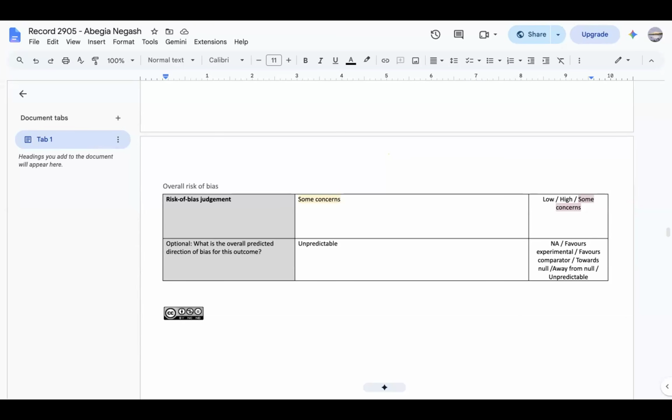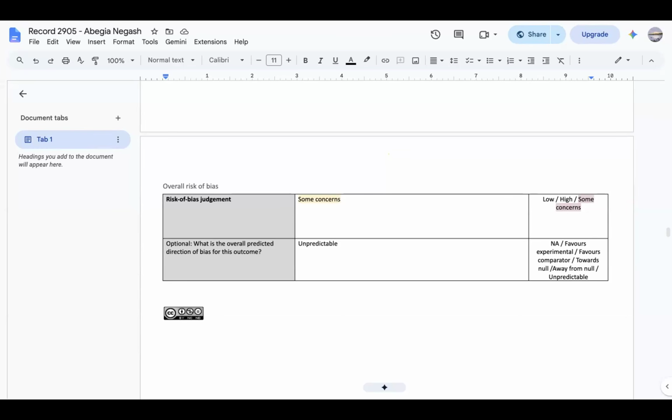So basically, correct me if I'm wrong, but if we wanted to have the world's longest RoB 2, we could divide all outcomes into that, but we are allowed to have one outcome be the tocolysis in general, and it includes the contraction frequency at 2 hours and that sort of thing.